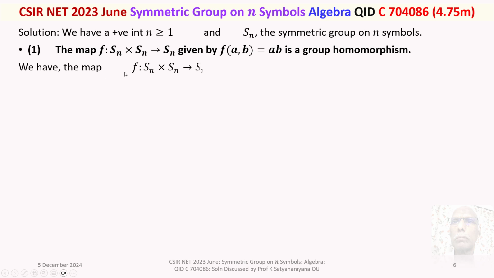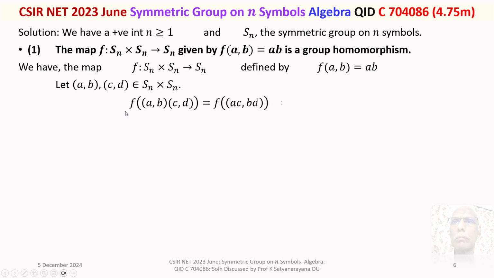We have the map f from the group Sn cross Sn to Sn defined by f of (a, b) is equal to ab. Now let (a, b) belong to Sn cross Sn and (c, d) belong to Sn cross Sn. These are any two elements of Sn cross Sn. Now for the homomorphism, we take f of (a, b) composed with (c, d).